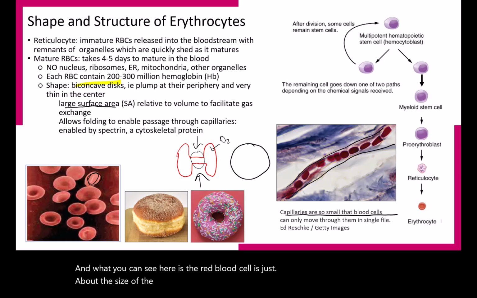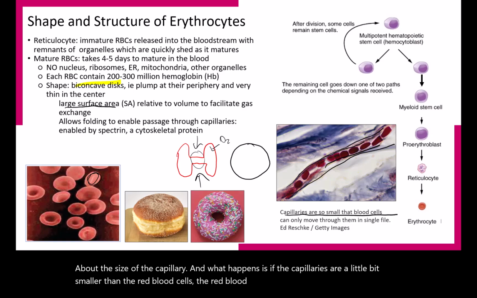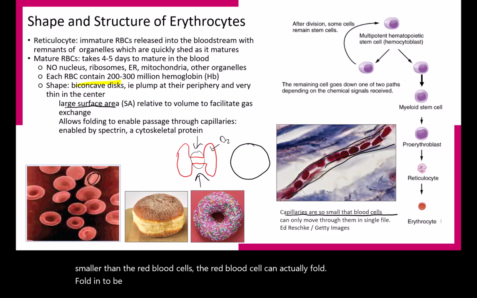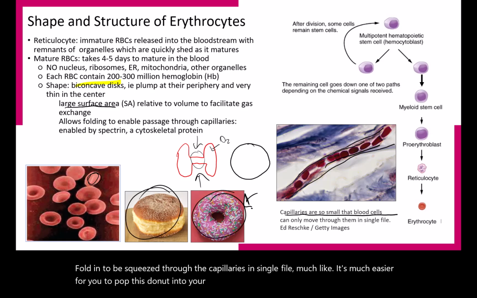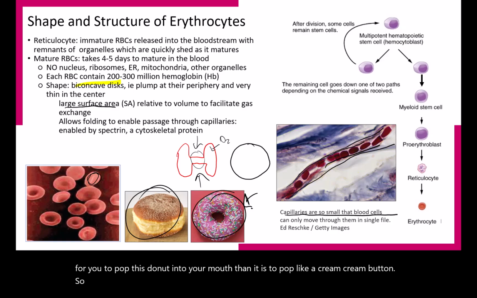And what happens is if the capillaries are a little bit smaller than the red blood cells, the red blood cell can fold in to be squeezed through the capillaries in single file, much like it's much easier for you to pop this donut into your mouth than it is to pop a cream bun. So that's one thing. So that's to do with the shape of the red blood cell.